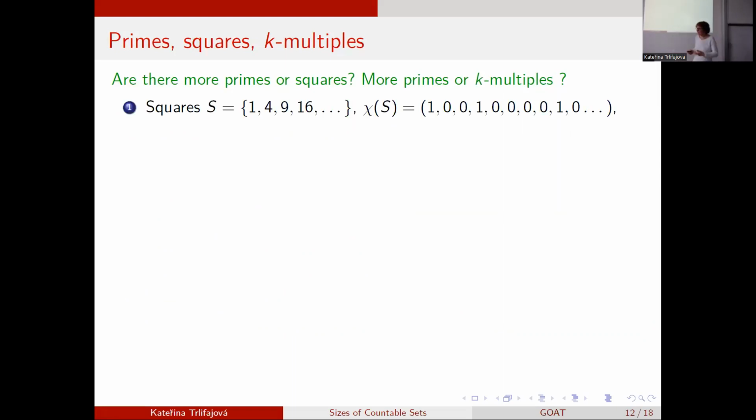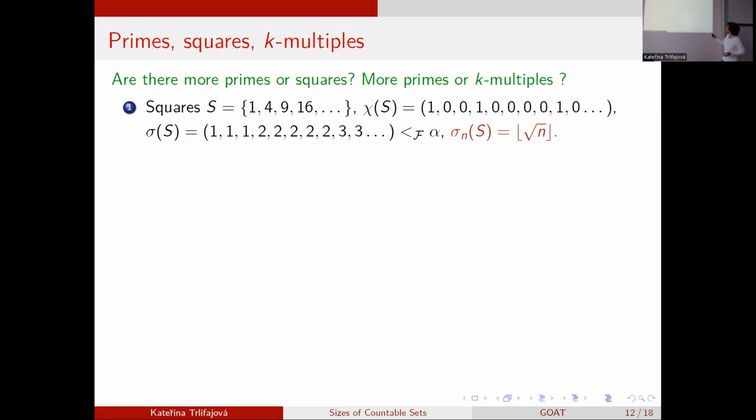But we can count it quite easily, because, for instance, for squares, their characteristic sequence is like this: 1, then on the fourth place the term is 1, the ninth is 1, otherwise it's 0. So its size sequence would look like this. And in fact, we can say that the nth term of that size sequence is the integer part of the root of n.